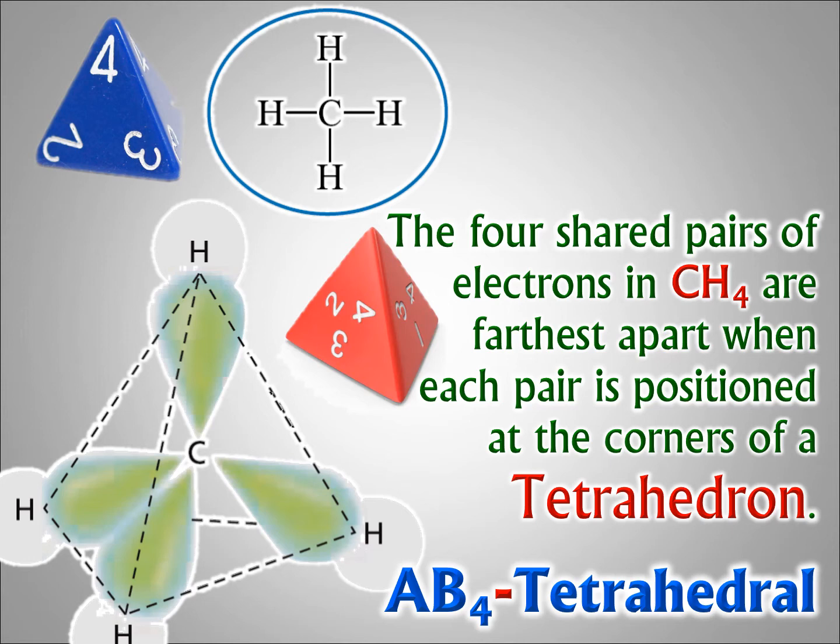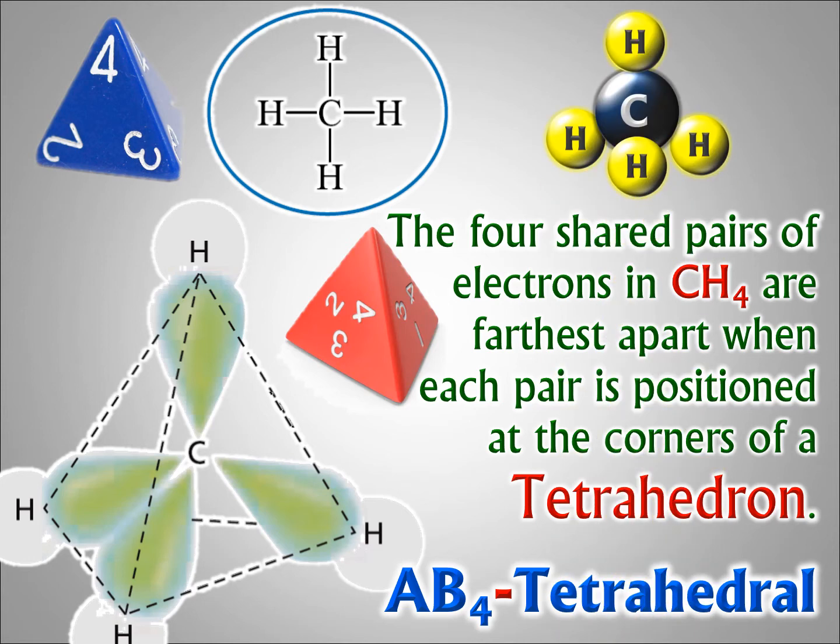And this is the most important of the VSEPR forms that you need to learn, the AB4 tetrahedral. And this leads us to the shape of the methane molecule. It is kind of shaped like a four-sided die, if you consider the hydrogens as the corners of that four-sided die. That is the shape of a methane molecule.